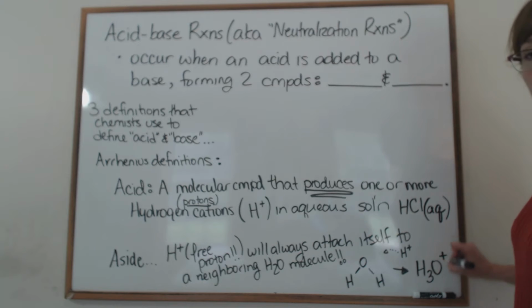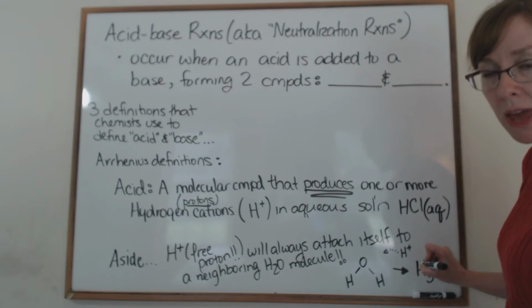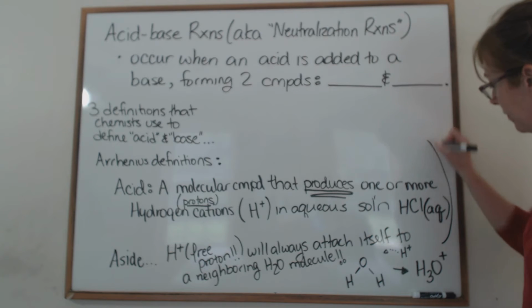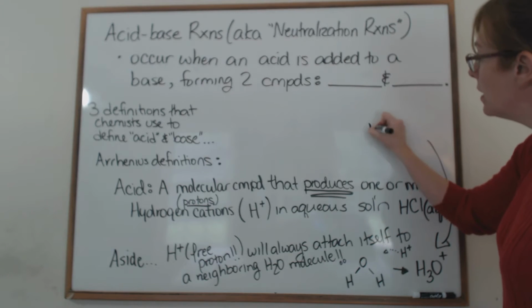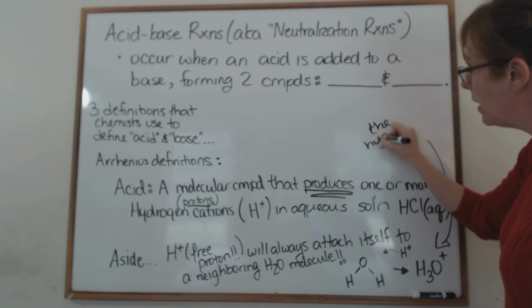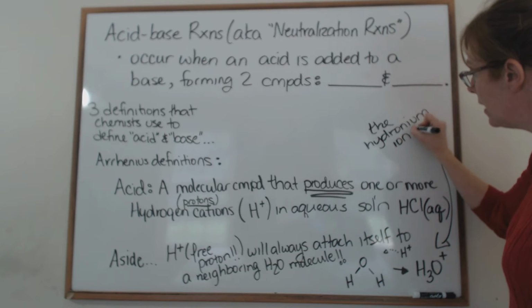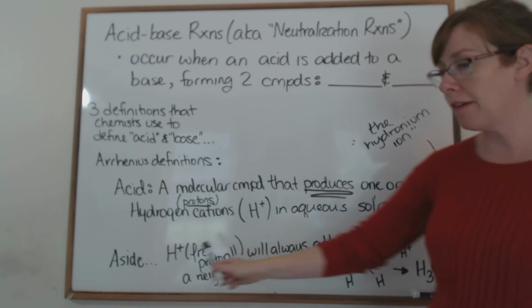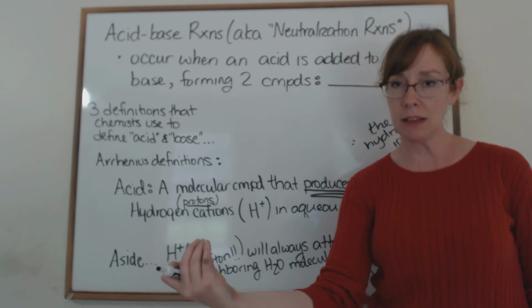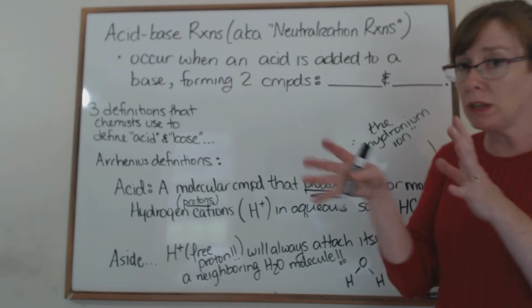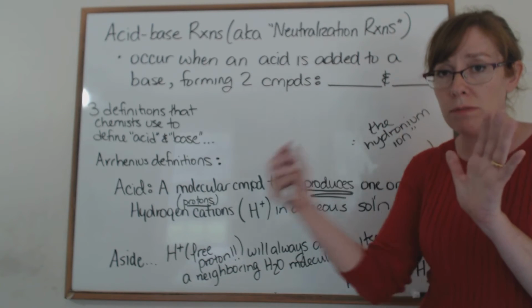This species, I would like you to know his name, okay? This species is called, I'm going to run out of room, this species is called the hydronium ion. The hydronium ion is the result of that free proton that the acid has released, joining itself or absorbing itself into a water molecule that's nearby, floating around, just minding its own business.